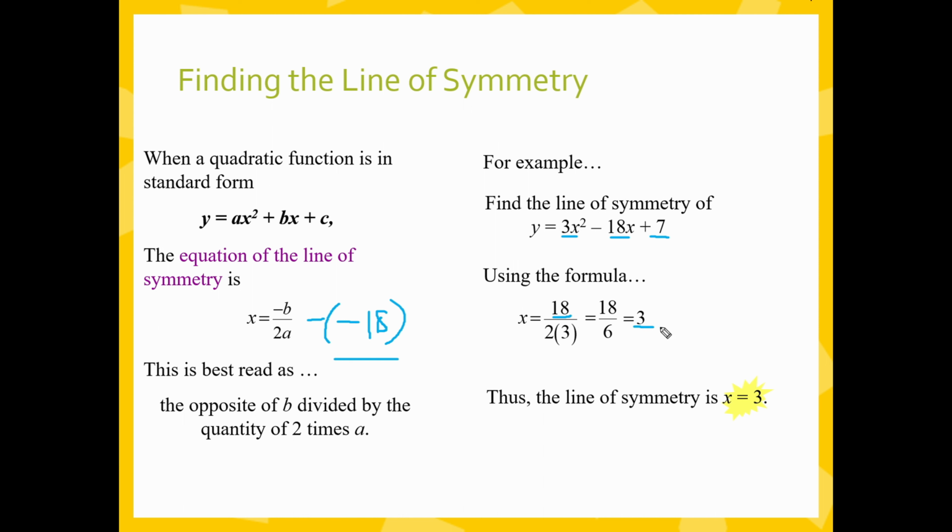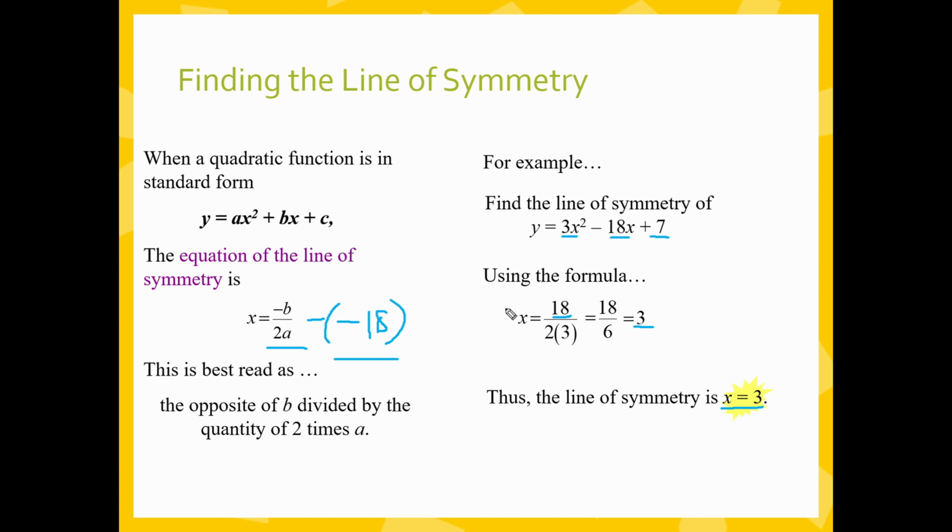With all that, we know that the line of symmetry is where x is equal to 3, right? So this is our line of symmetry, and it's important all the time. Please make sure you take this into consideration, and you have to utilize the formula in order to get the line of symmetry.